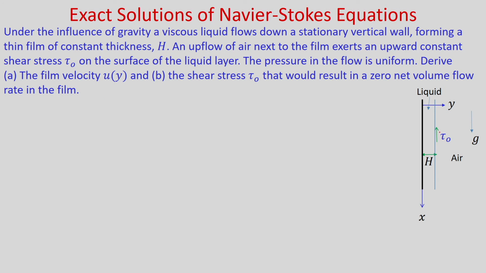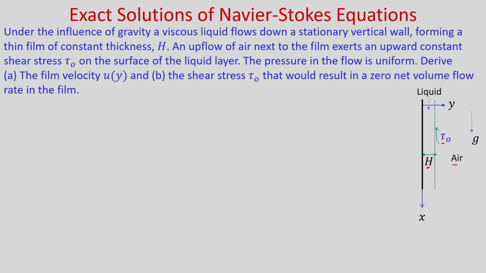So, here you can see this is the thin liquid film of thickness h and x is in the downward direction, y is measured perpendicular to this vertical plate, and on the air side it is told in the question that it exerts an upward constant shear stress tau naught.